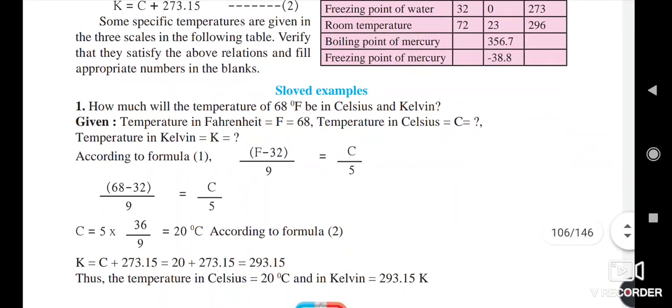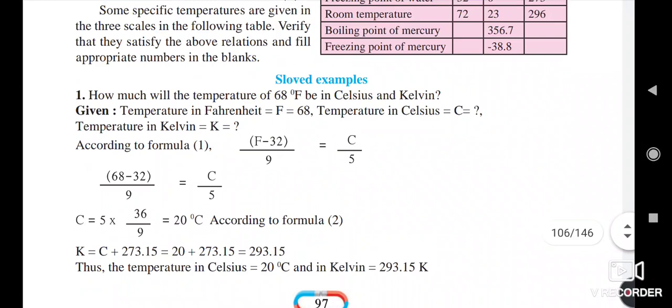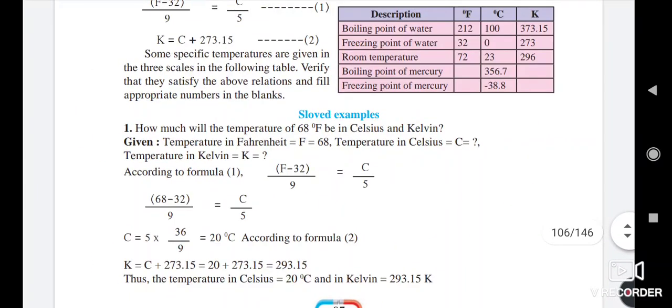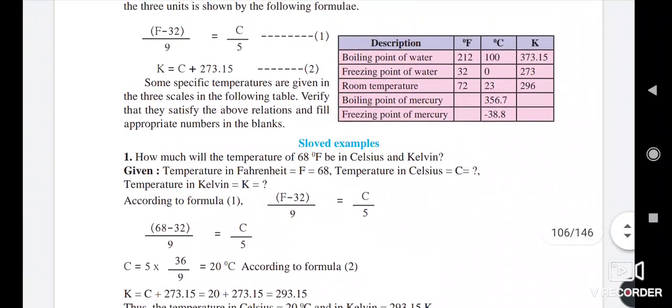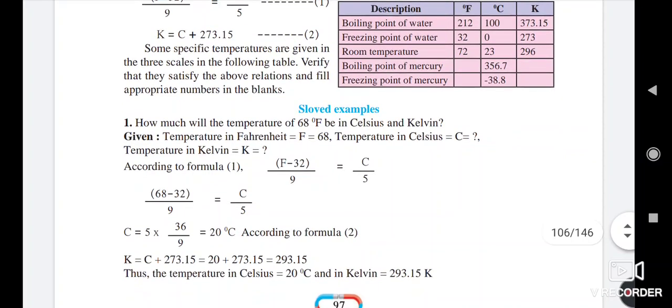So we will measure temperature with the help of an example. How much will the temperature of 68 degrees Fahrenheit be in Celsius and Kelvin?